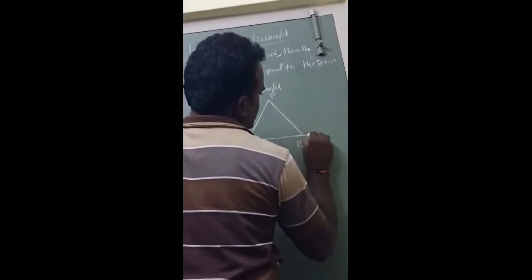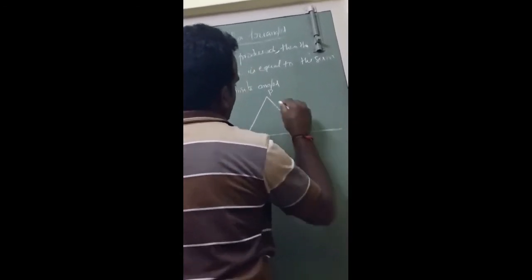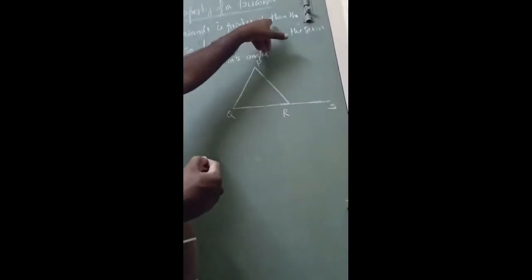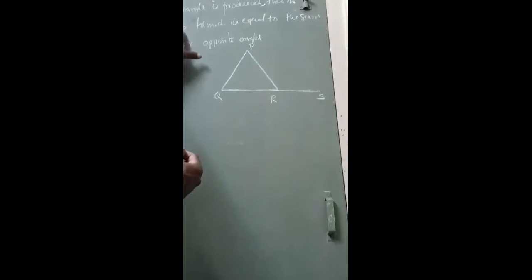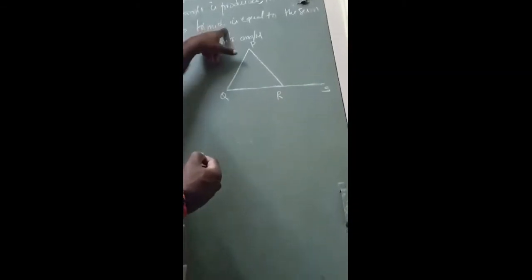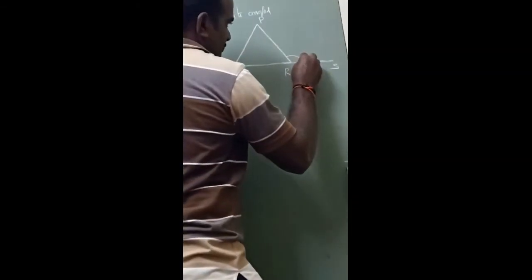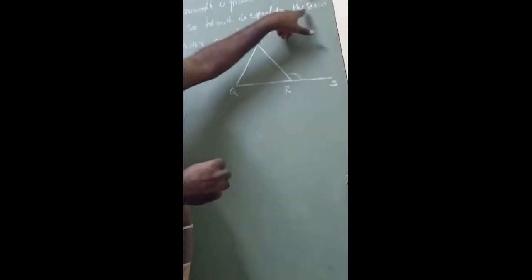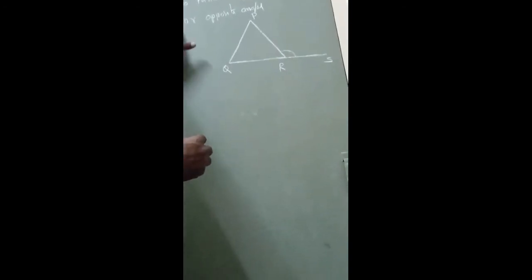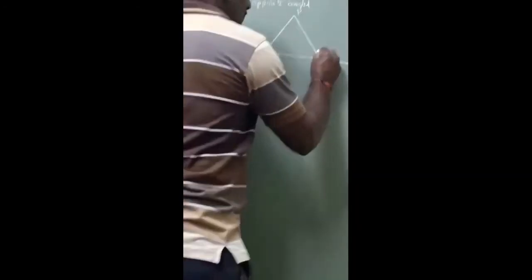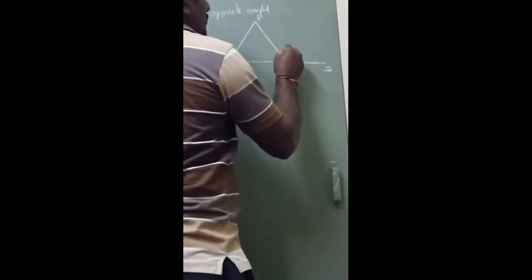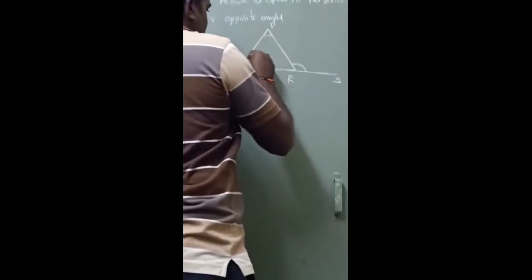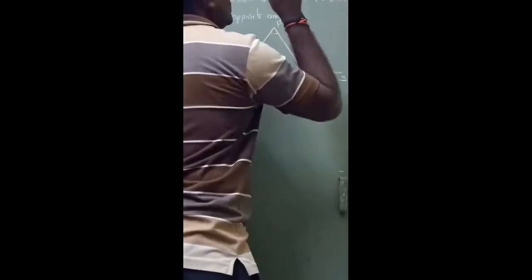This side is produced, PQRS, this is the S. Then the exterior angle so formed, this angle, is equal to the sum of the two interior opposite angles. These two angles' sum is equal to this angle.